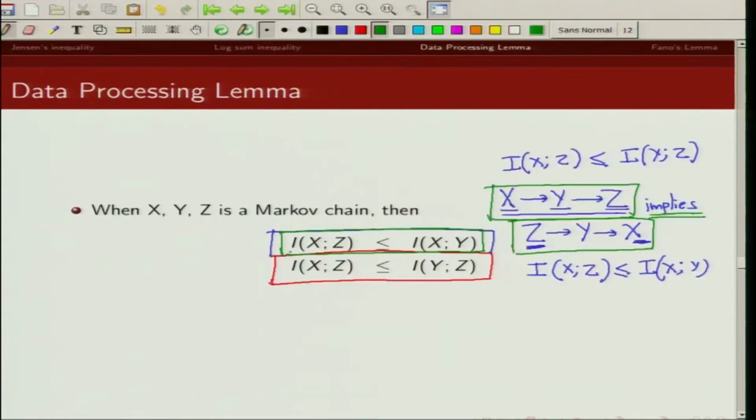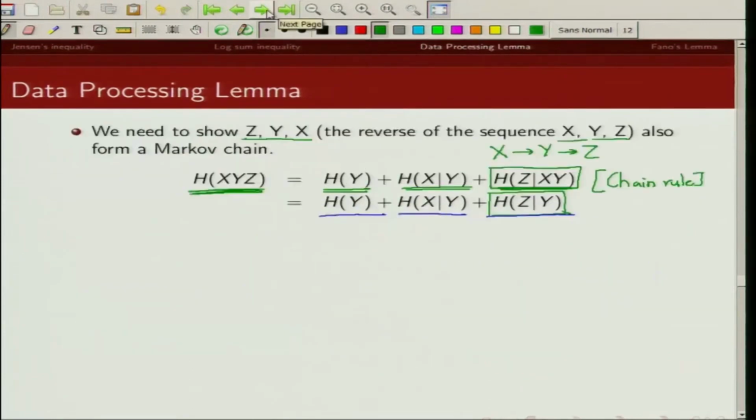This proves our result that mutual information between x and z is less than mutual information between x and y. So this is our data processing lemma.